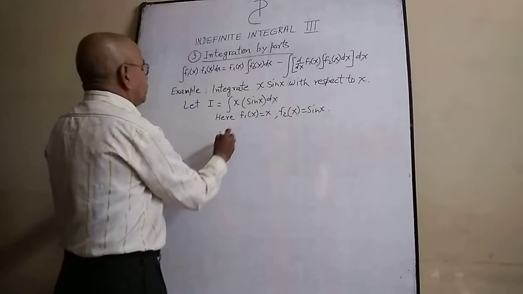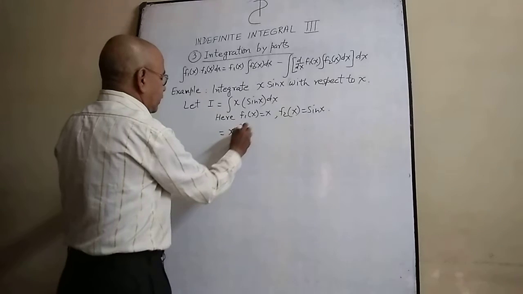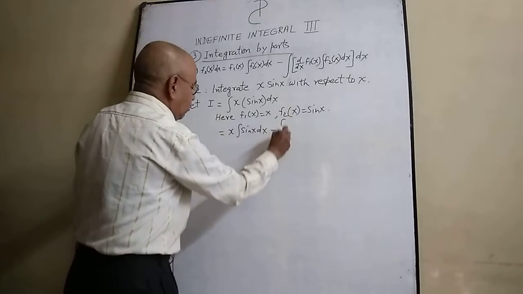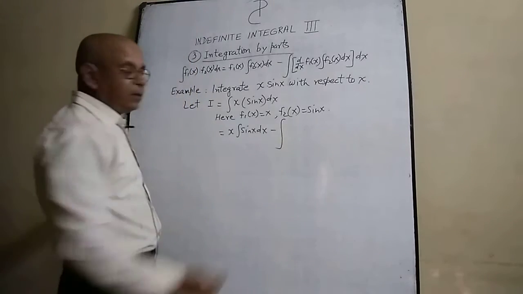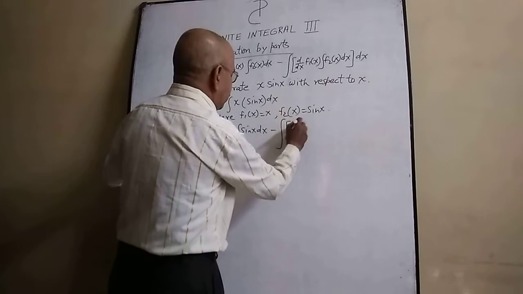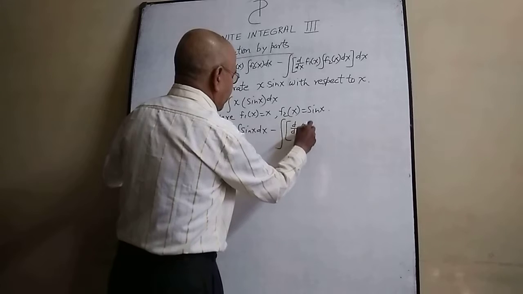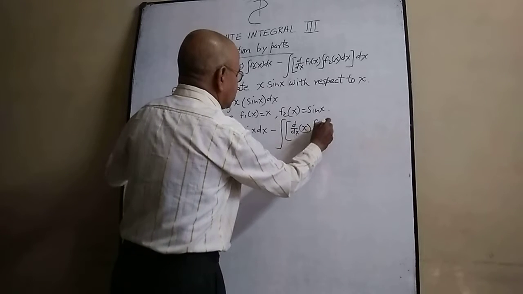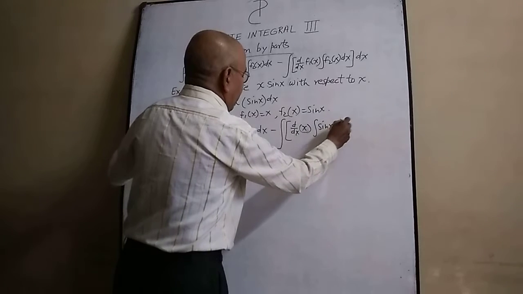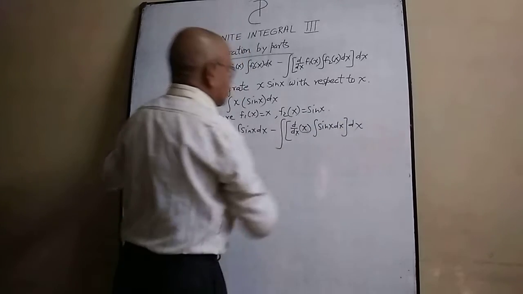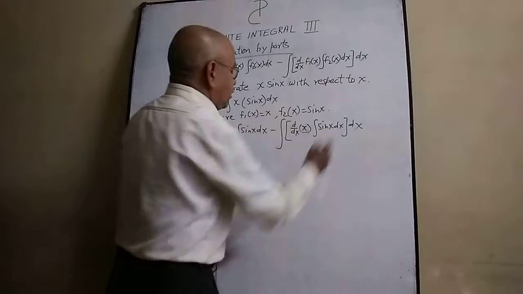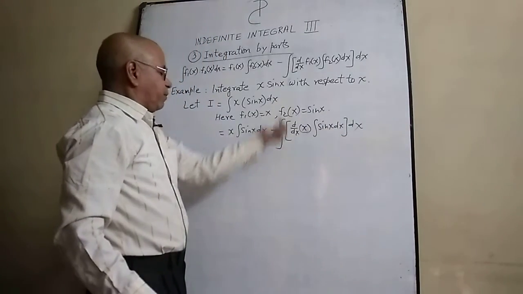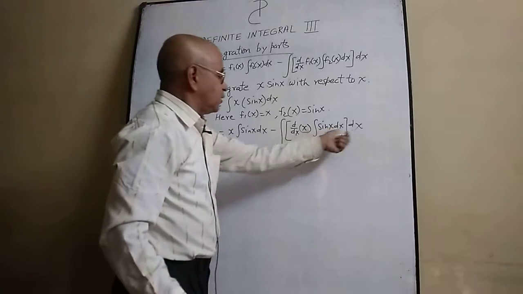Here I have to take x times the integration of sin x dx, minus the whole big integration sign, and in the bracket d by dx of f1(x), or simply x, and the integration of sin x dx. This is the integration with respect to x, with dx in the bigger sign and the smaller sign.